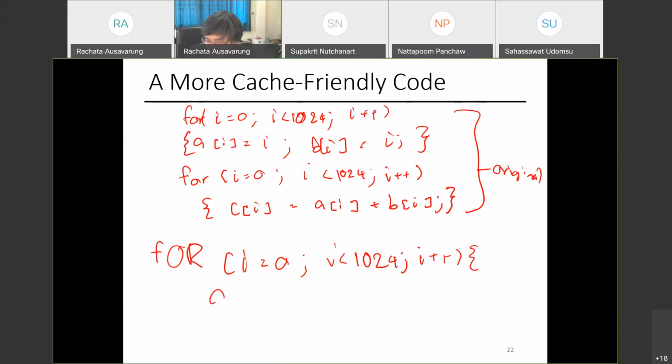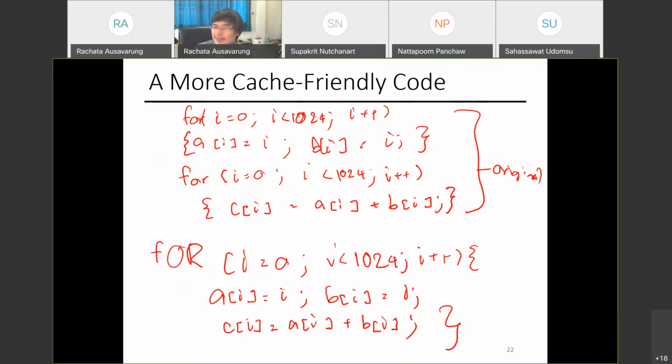A of I equal I, B of I equal I, and then C of I equal A of I plus B of I. Will this give me a better cache hit rate?